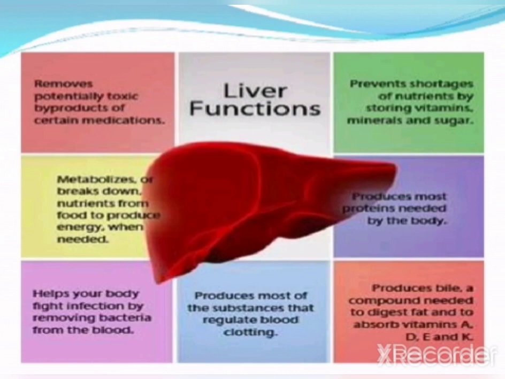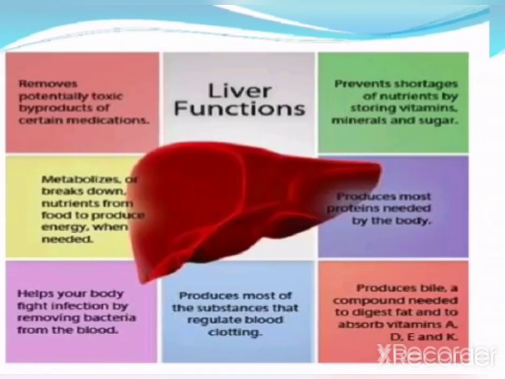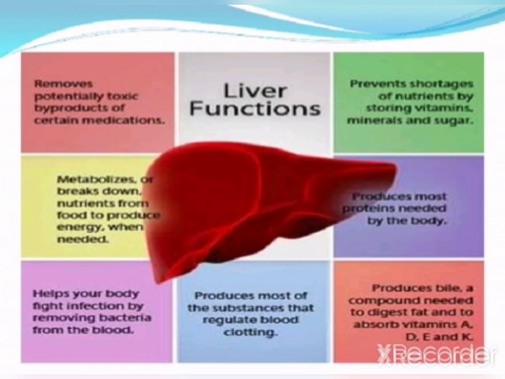It's very important. You will study these functions in physiology also, but it's important here. See, it removes the potentially toxic byproducts of certain medications. It metabolizes or breaks down nutrients from food to produce energy when needed. It helps your body fight infection by removing bacteria from the blood.